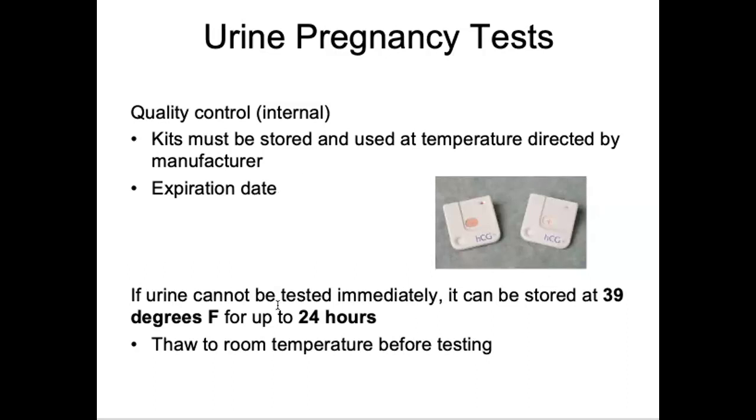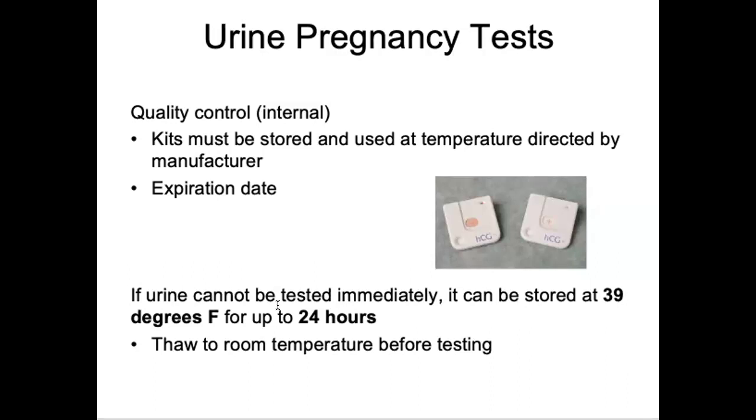And finally, if you're going to be using urine, period, for testing anything, not just pregnancy, but things like drug screening, the best is going to be using it warm, fresh from the source, right? But if you can't test it immediately, you can store it at 39 degrees Fahrenheit in a fridge for up to 24 hours.